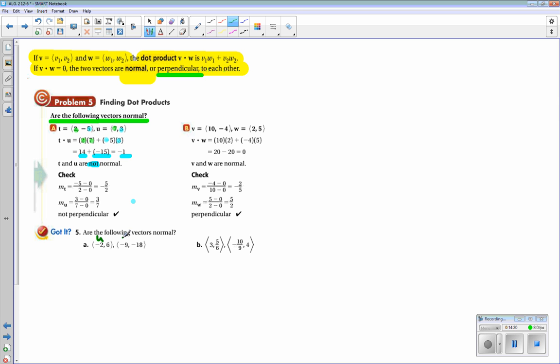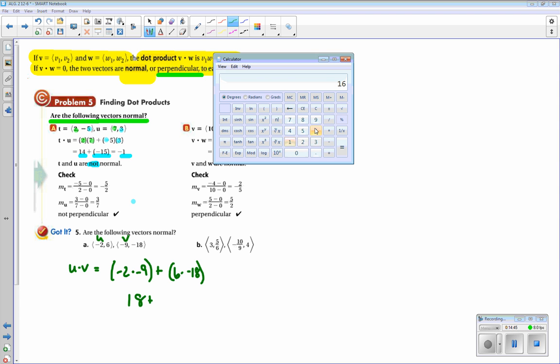We'll call this u and v. So u dot v is equal to negative 2 times negative 9 plus 6 times negative 18. Negative 2 times negative 9 is 18, and 6 times negative 18 is negative 108. So 18 plus negative 108 is negative 90.